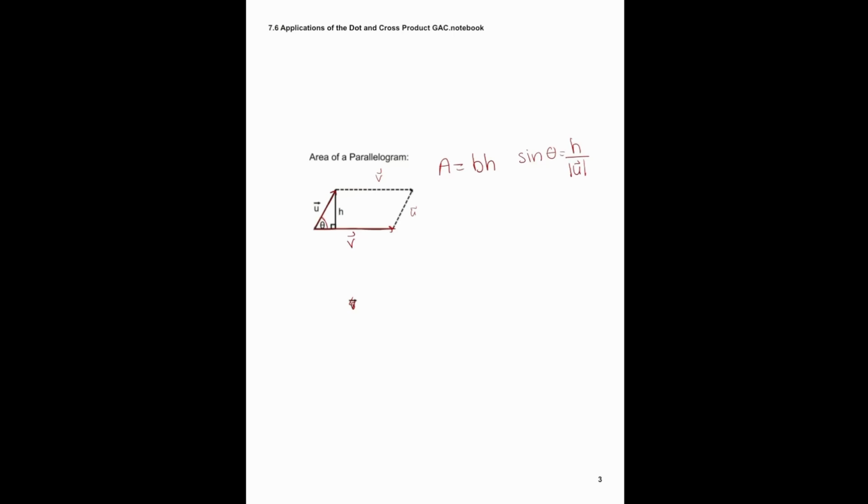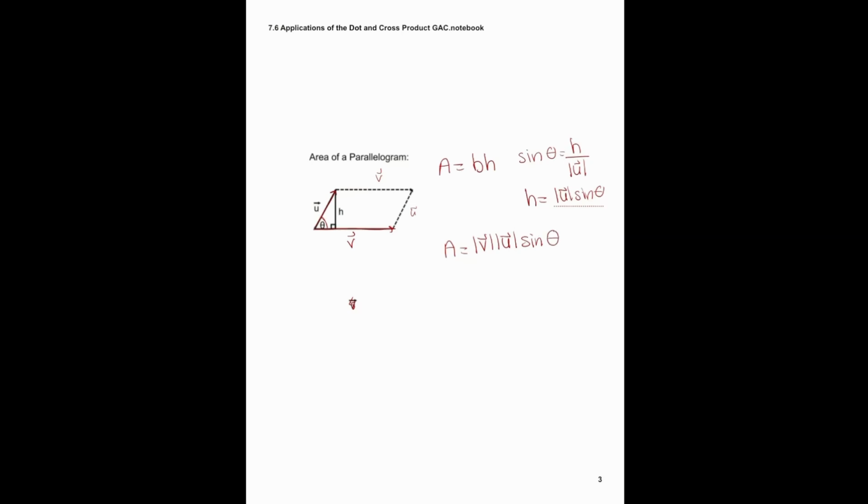Rearranged to solve, the height is then equal to the magnitude of vector u times sine of that angle. Let's put it all back together. The area for this geometric vector question would be the magnitude of vector v times the magnitude of vector u times sine of the angle.